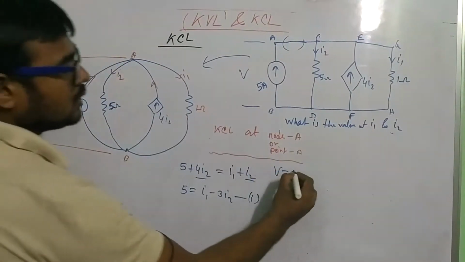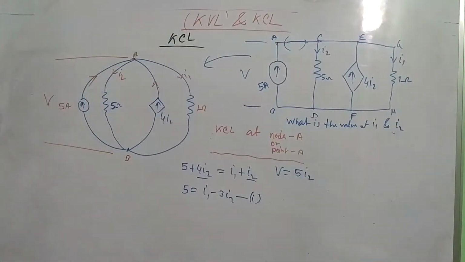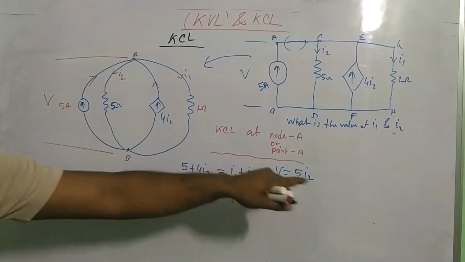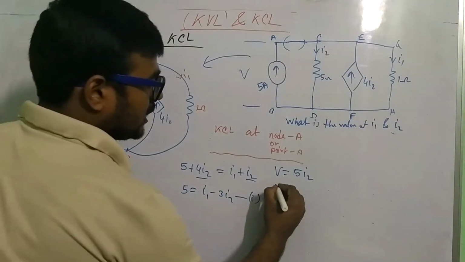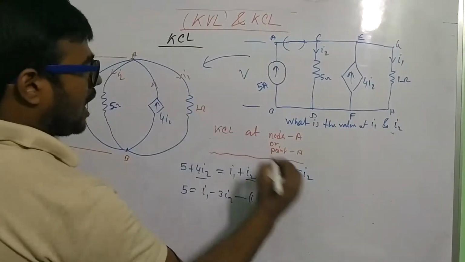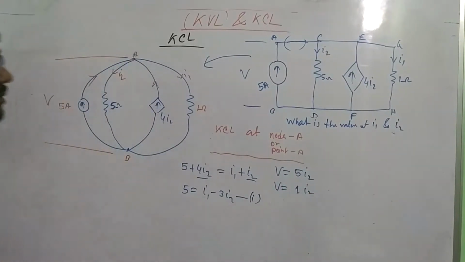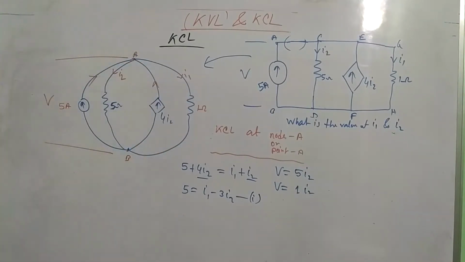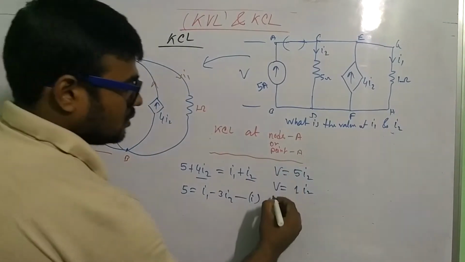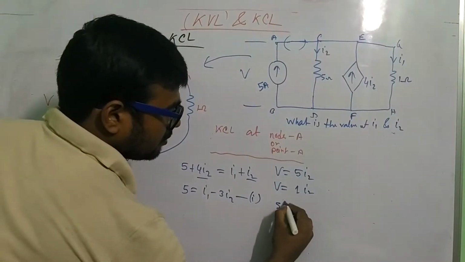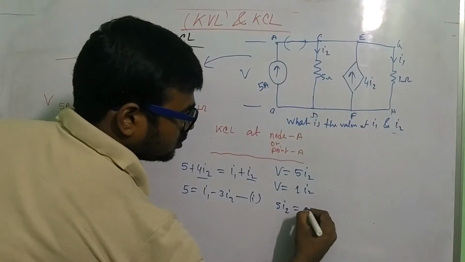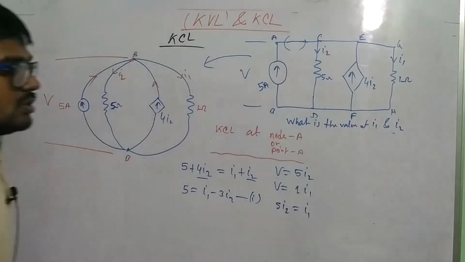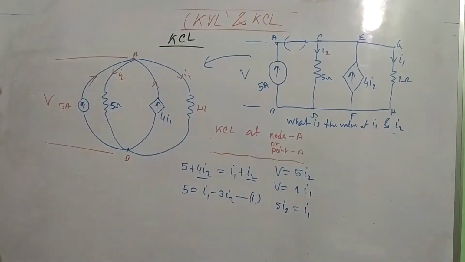We can write V equals 5 into I2, and also V equals 1 into I1, because the voltage across this resistance and the voltage across this 1 ohm resistance are the same. So we can also write 5I2 equals, sorry, this is I1, 5I2 equals I1.